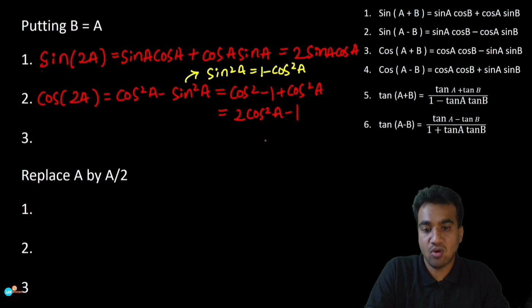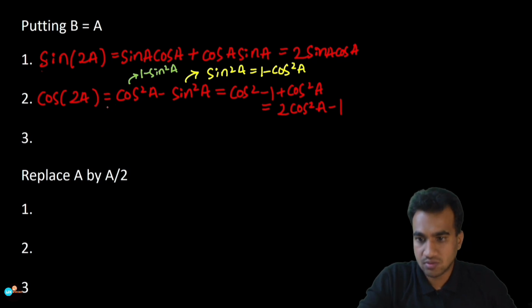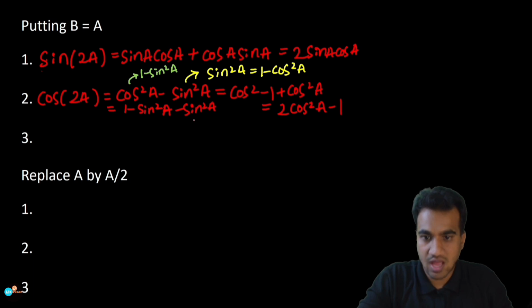One more identity is there. If you put cos square a as 1 minus sin square a, because this is also an identity, so if you put cos square theta as 1 minus sin square theta, you get 1 minus sin square theta minus sin square a, that gives you 1 minus 2 sin square a.